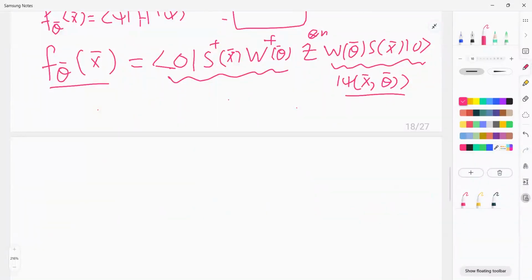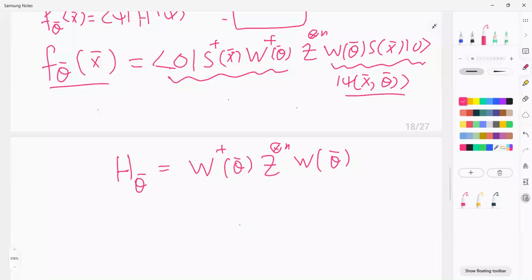All right, now let's define a new observable, which we can write like this. This is another Hermitian operator. It has to be because this is Hermitian and these are unitary.